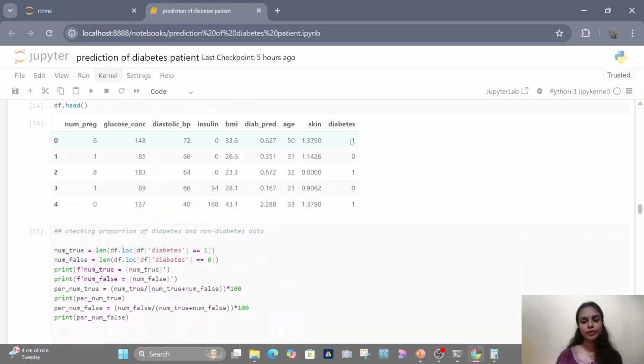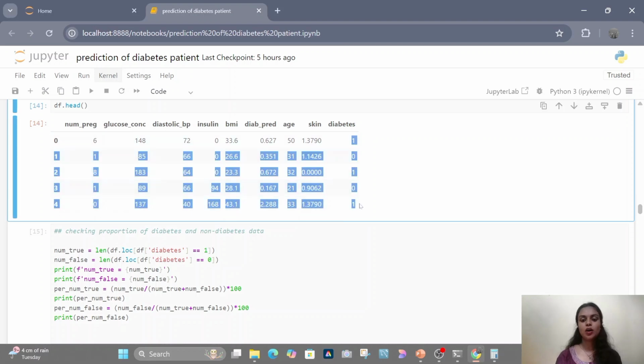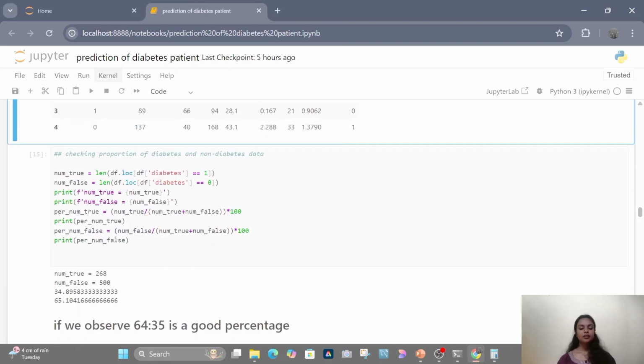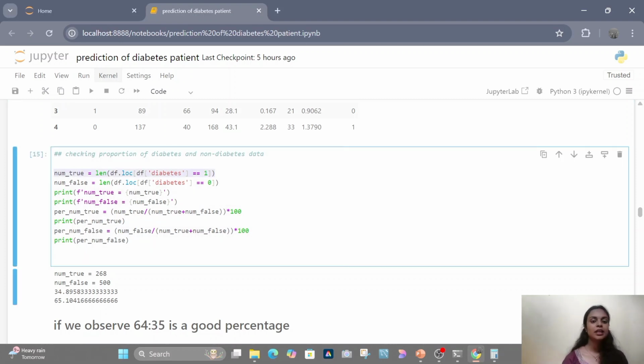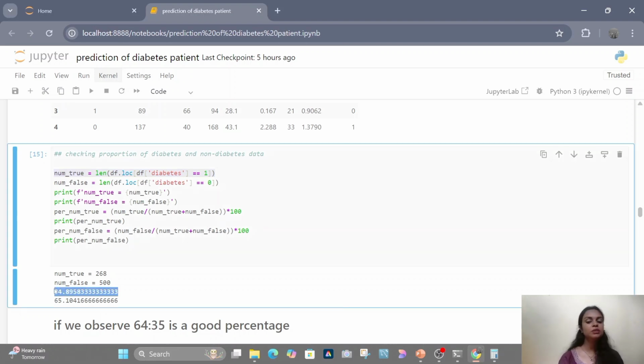Now you can see over here that the diabetes column has zeros and ones. Next, we have to check the proportion of diabetes and non-diabetes data. This line counts the number of diabetes cases. After calculating the percentage, it says that 34 percent of people have diabetes, okay, rounding off to 35 percent, and 65 percent of people do not have diabetes.